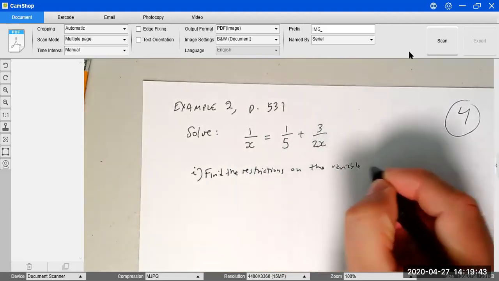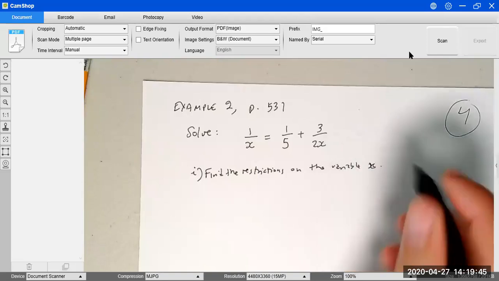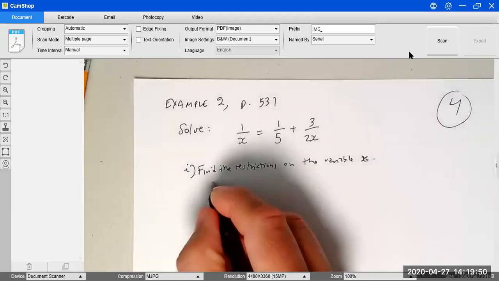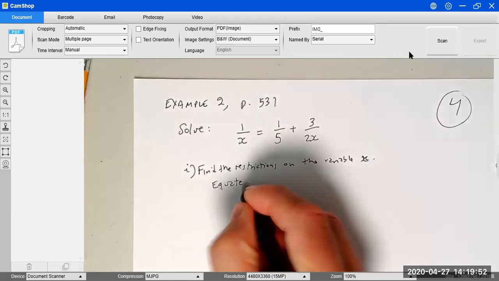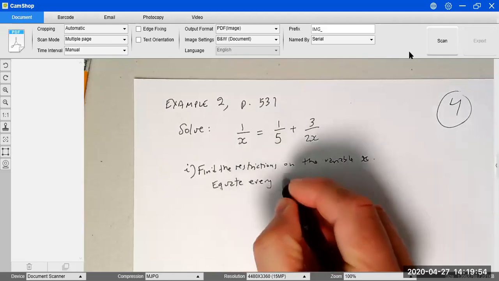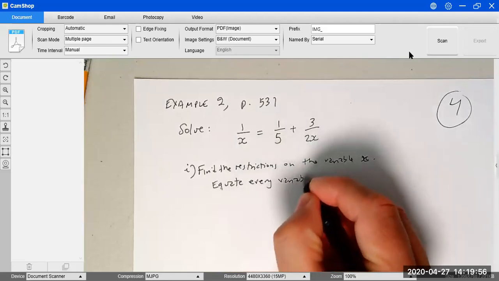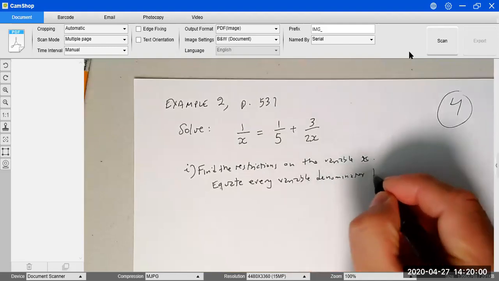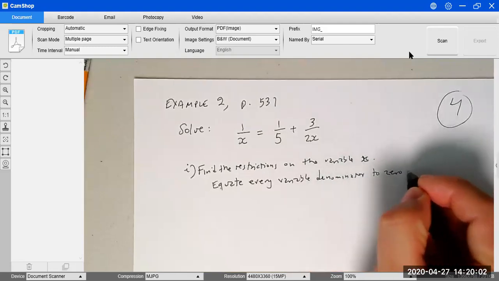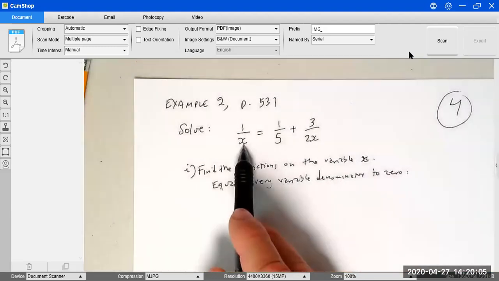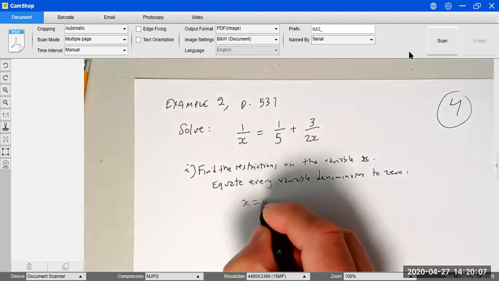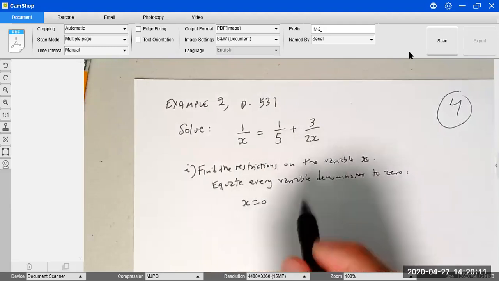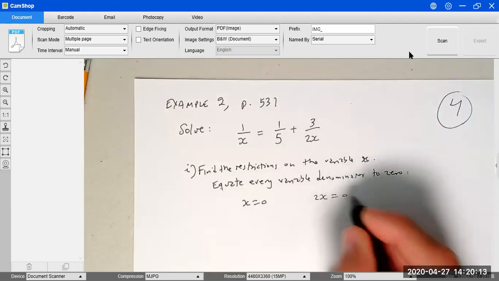In this case, our variable is x. So what do we do to find the restrictions? You're going to equate every variable denominator to 0. So for example, I have this denominator here, x equals 0. Then I have this, which is not a variable, and then I have 2x equals 0.